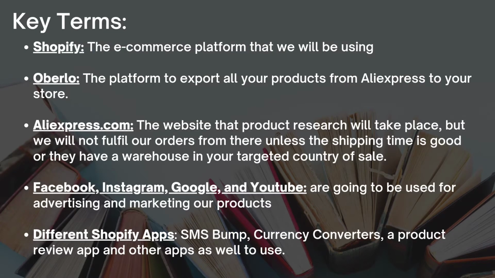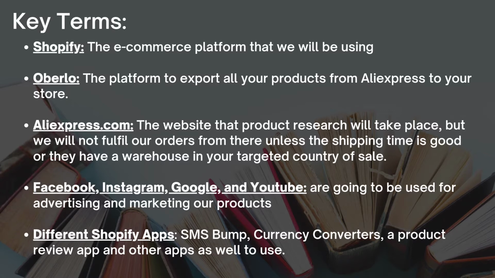Our key terms, obviously the first one is Shopify, the e-commerce platform that we will be using. Then we have Overlow, which is the platform to export all our products from AliExpress to your store. Then you have aliexpress.com. This is the website where your product research will take place. But we will not fulfill our orders from there unless the shipping time is good or they have a warehouse in your targeted country that you're selling from.